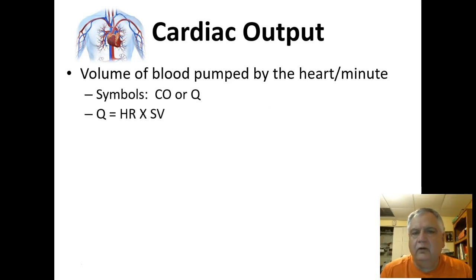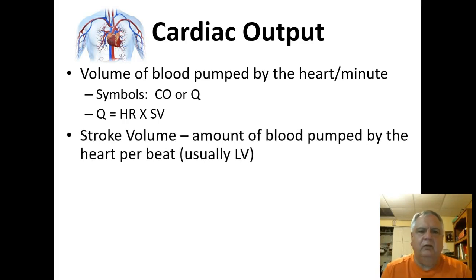So to determine the cardiac output, Q is going to be equal to the heart rate times what we call the stroke volume. We just discussed that the heart rate is the number of times the heart beats per minute. What's the stroke volume, or SV? Stroke volume is defined as the amount of blood that's pumped out of the heart per beat. And again, we usually measure that at the left ventricle.